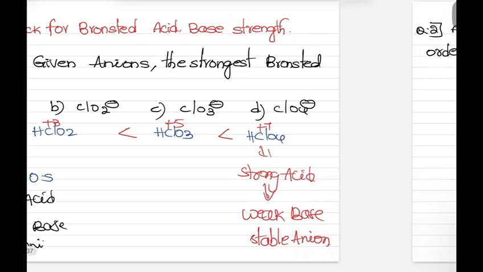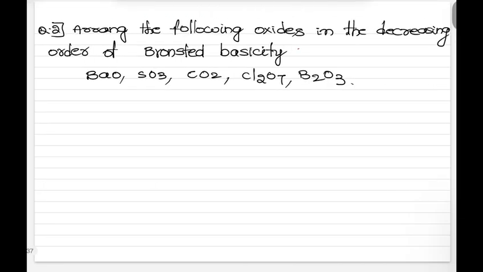Next question. Arrange the following oxides in decreasing order of Bronsted basicity. They are giving all oxides. Don't worry, if they are giving oxides, just dissolve them in water. BaO plus H2O forms barium hydroxide, which is a base.